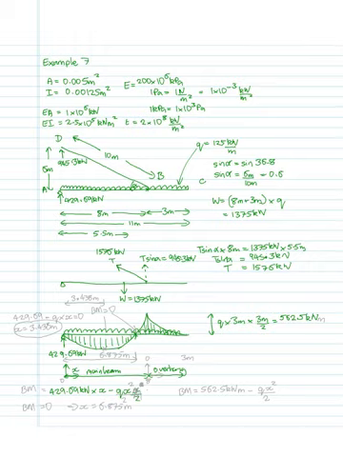So qx times x, so it's qx squared, let's just tidy it up, qx squared over 2. Now that's going to be the shape of the bending moment equation.